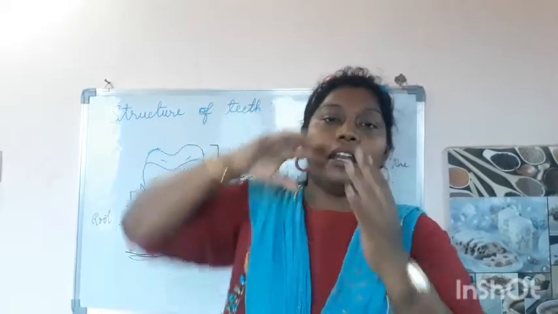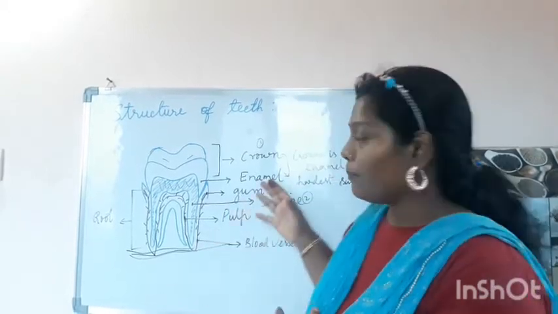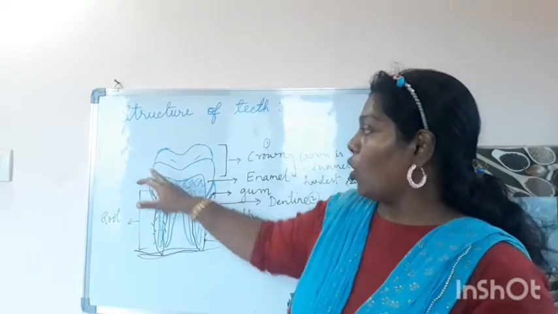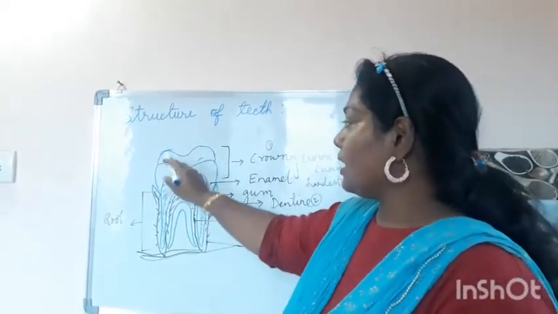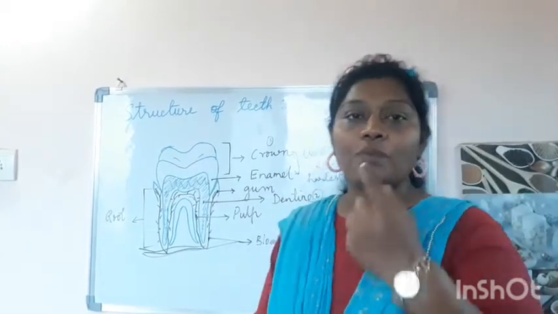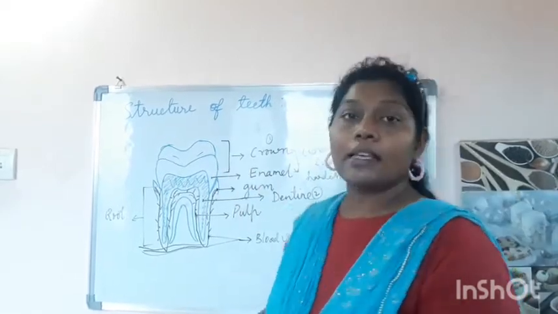Okay children. Now we will see the clear structure, or the transverse section, of the tooth. We will go on with the first part. The first part here is the crown. If you observe, you can see this crown. The outer part is called the crown.